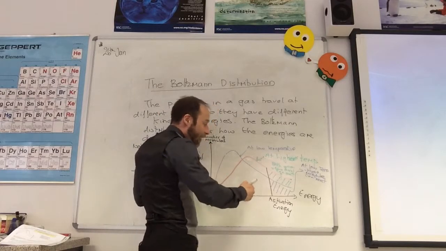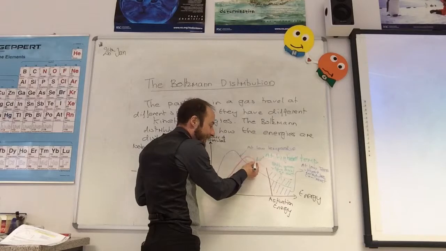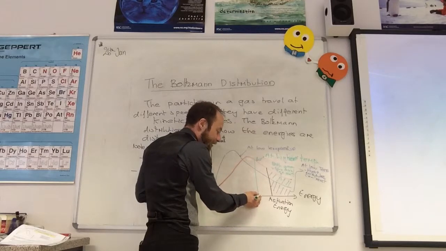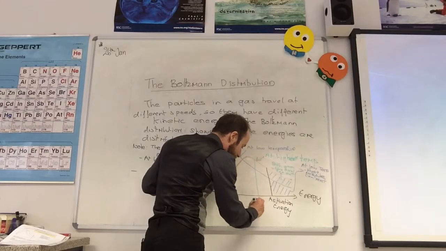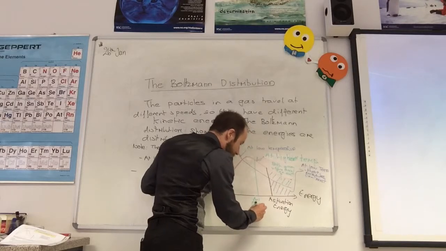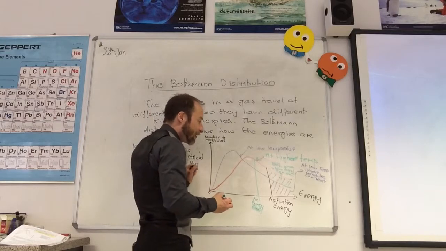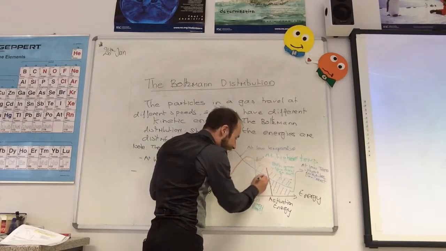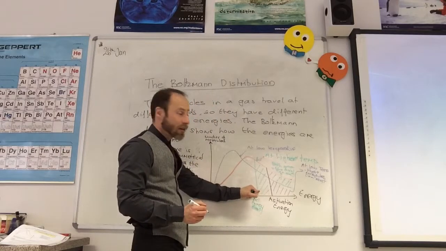So if I'm now going to put in green a line which shows my activation energy with a catalyst, which is that. So suddenly, all of these extra molecules can react with a catalyst.